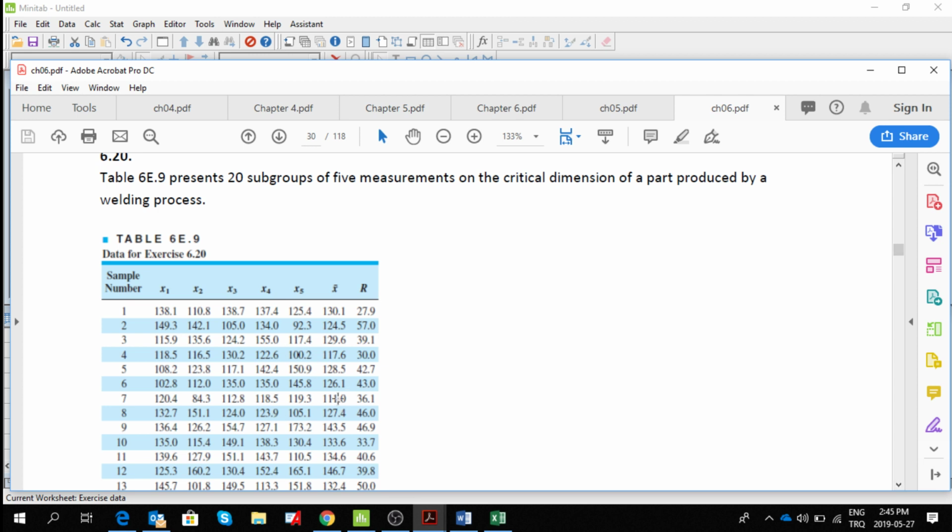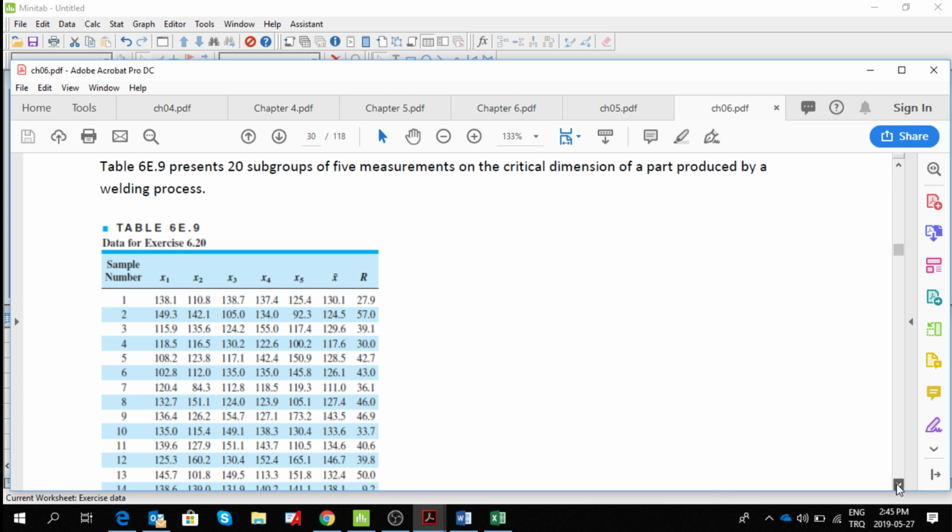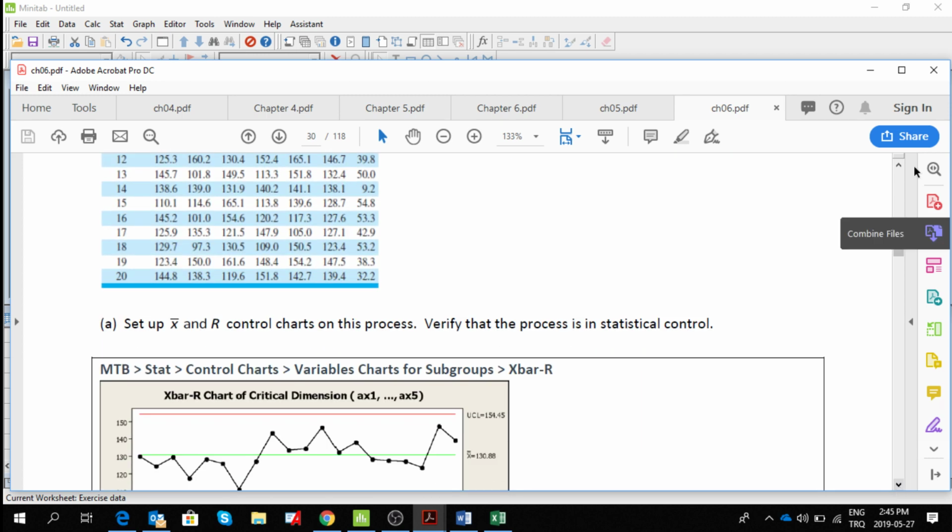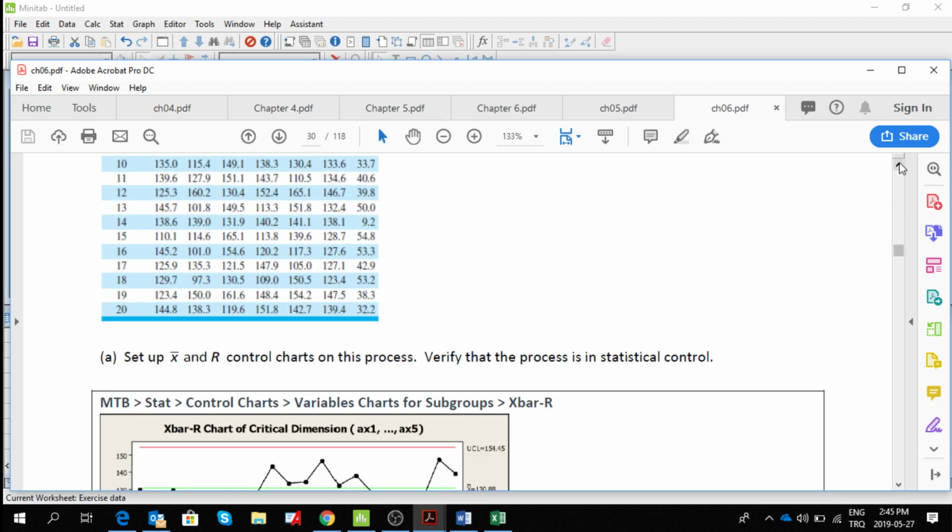These measurements are about a critical dimension of a part produced by a welding process. In part A, it says set up X bar and R control charts on this process, verify that the process is in statistical control.